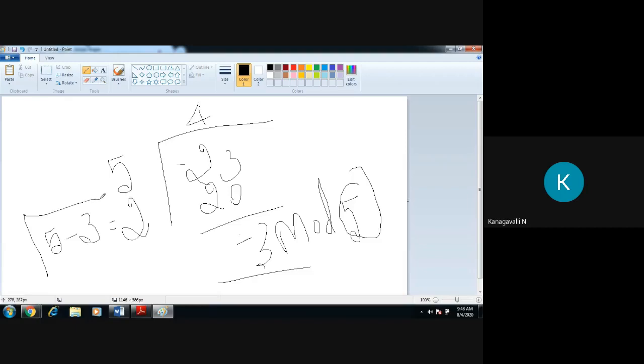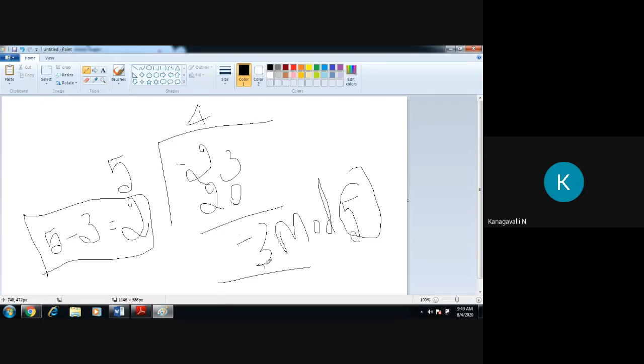Once again, I am repeating: the negative integer calculation is very important. Minus 23 mod 5: the normal way of taking the remainder is 5 fours are 20, minus 23 plus 20, so your remainder is minus 3.